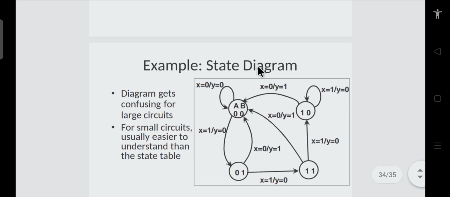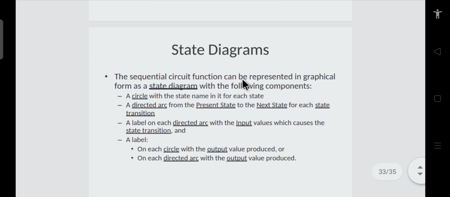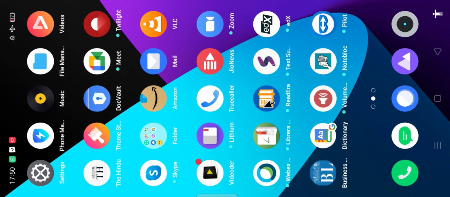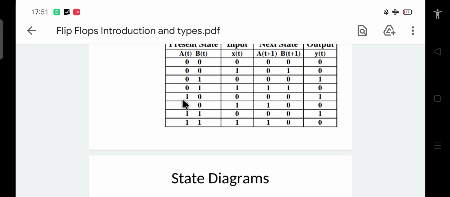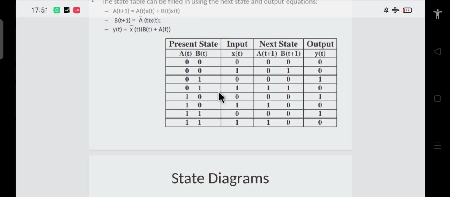So you see, the circuit remains in the same state, and this is what you can verify from your truth table also. If your present state is 0, 0 and if your input is 0, then your next state will be the same as the present state and your output is 0.